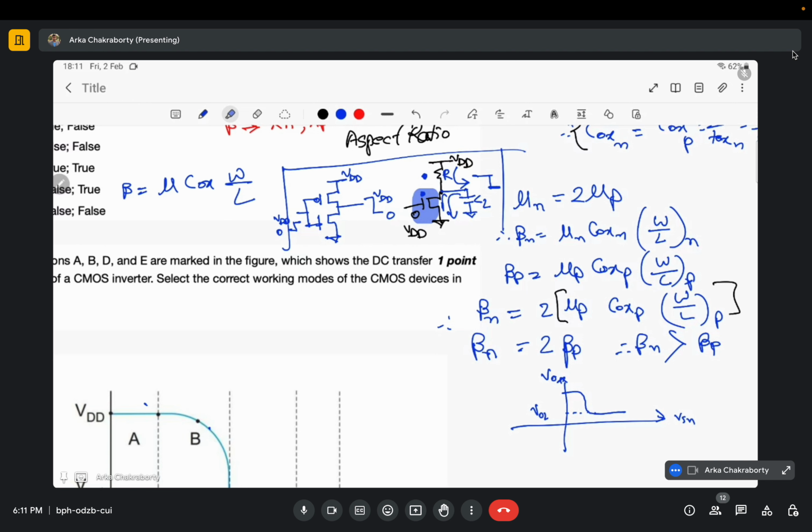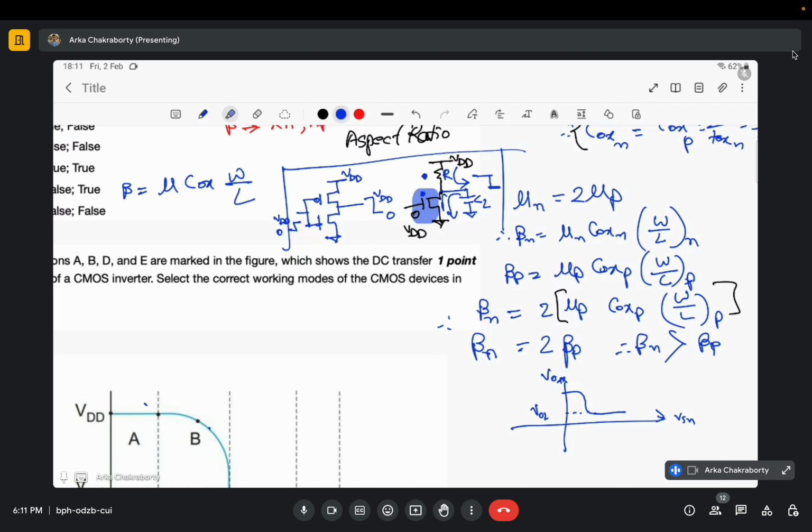Such circuits still work as an inverter. So we can also make an inverter using a single transistor. A similar case applies for PMOS also. I can design an inverter using a single PMOS too.